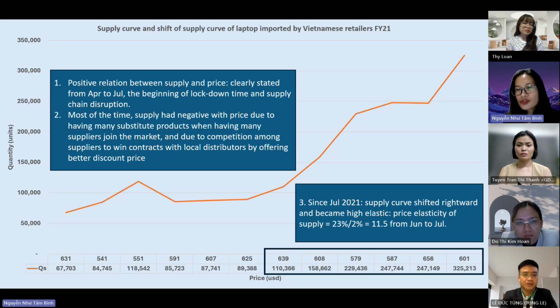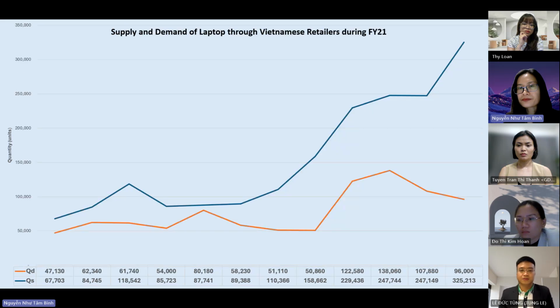And since July of 2021, the supply curve shifted rightward and became highly elastic. As you can see, the price elasticity of supply here is 11.5 from June to July.